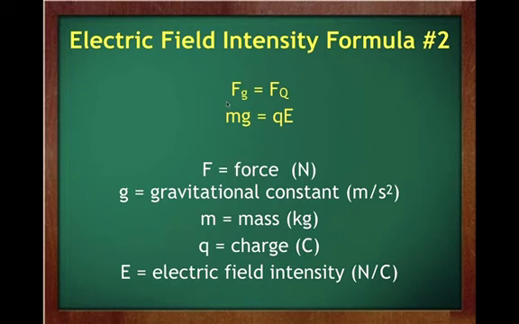When your gravitational field intensity is equal to your electric field intensity, what you get is the idea that mg is equal to QE. That's just rearranging both of those formulas for gravitational field intensity and electric field intensity, and then setting them equal to each other. Again, it's less commonly used, but it's still relevant to have in there.